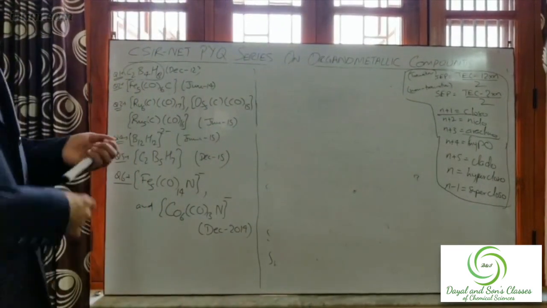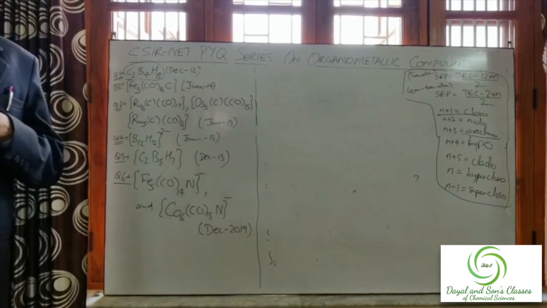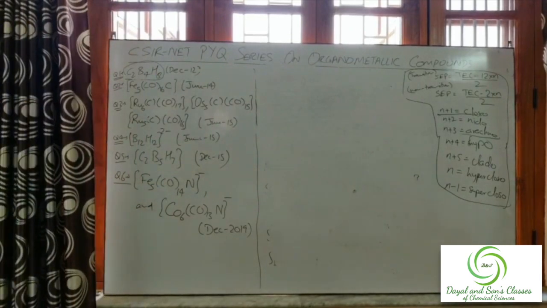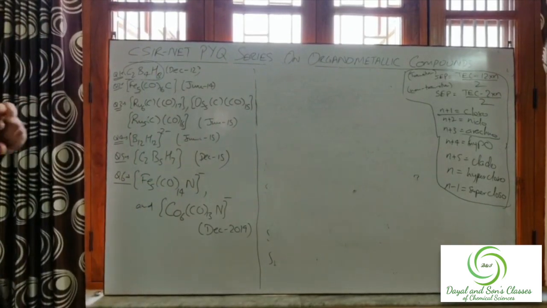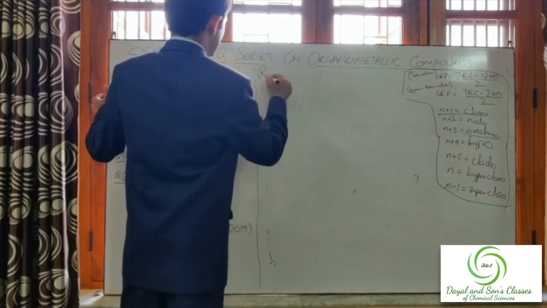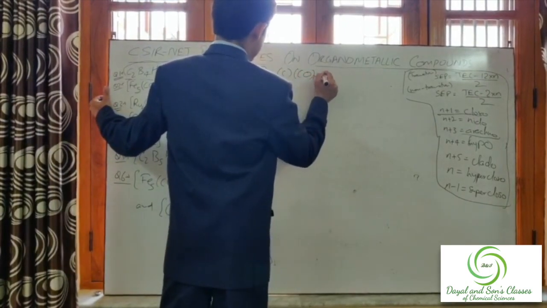Question 3, this was asked in June 2015. Here we are given three clusters and we were required to find the cluster type of each of these clusters. Let's take the first one, Ru6C(CO)17.